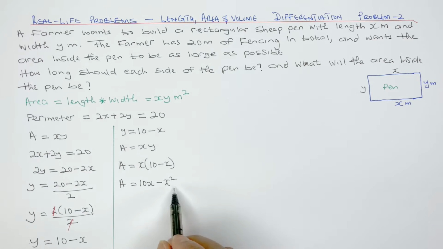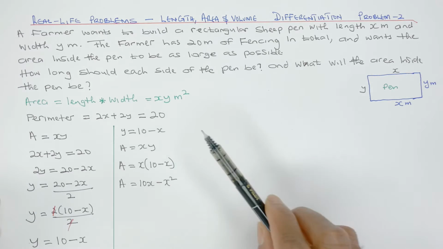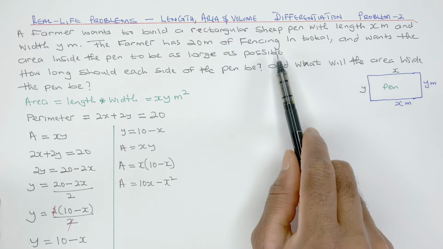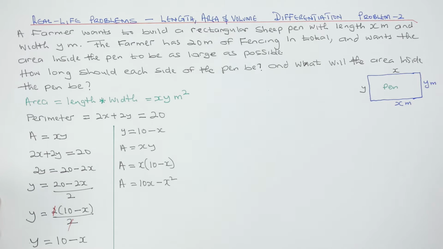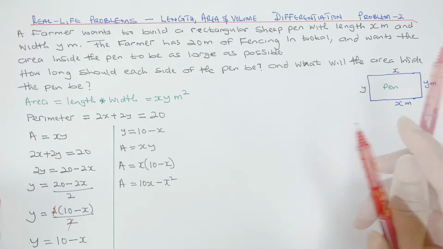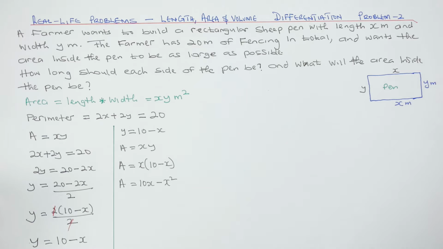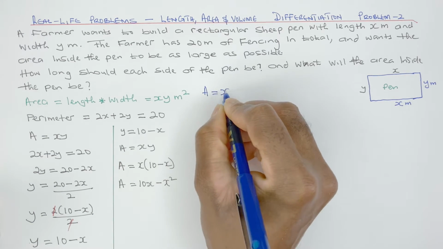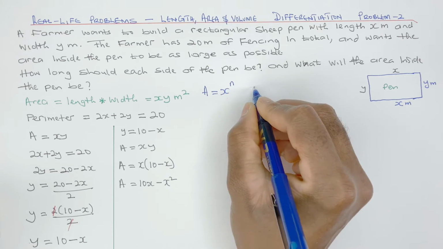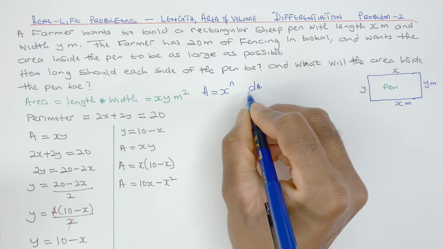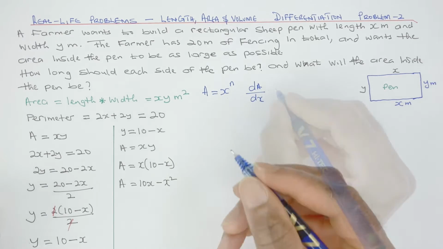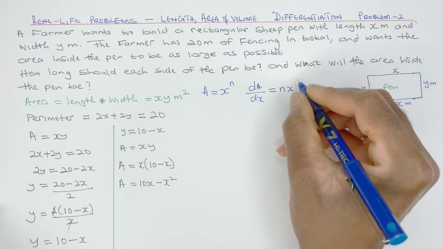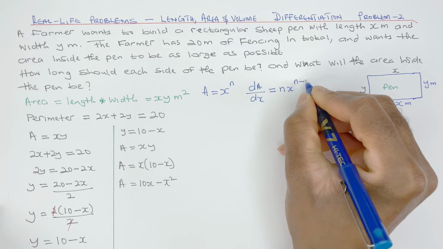So now I've got a function, but the question is asking for the area inside the pen to be as large as possible. Well, that is asking for maximum area. Okay, we know when we do differentiation, if we have a function, in this case, a x to the power of n, then dA/dx will be equal to n x to the power n minus 1.